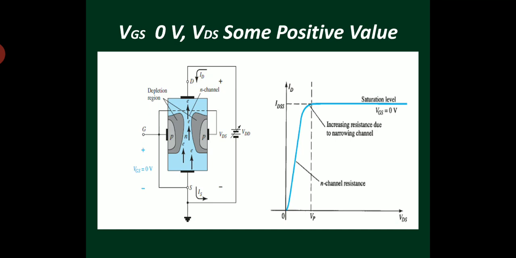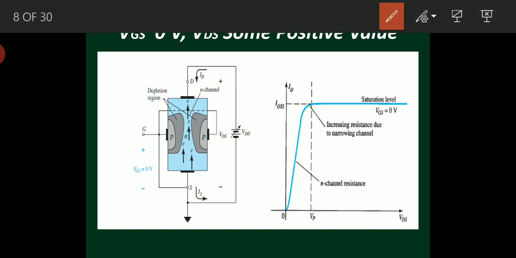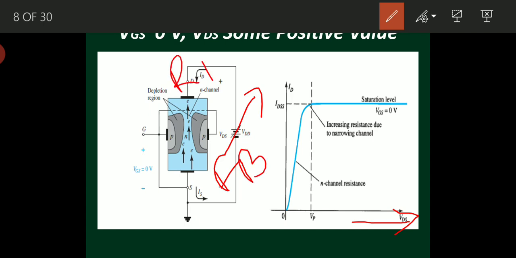So you can see the characteristics here. I am going to increase VDS. If I increase VDS, the forward bias at the source increases and the reverse bias at the drain increases. VS is equal to 0, and I am now increasing only VDS.